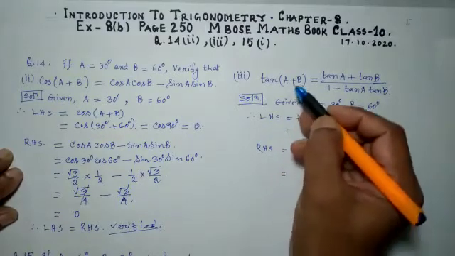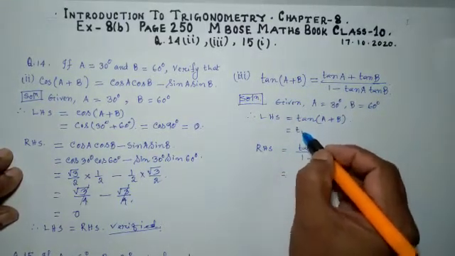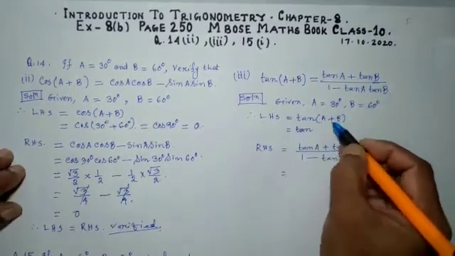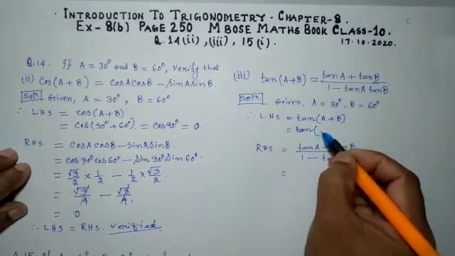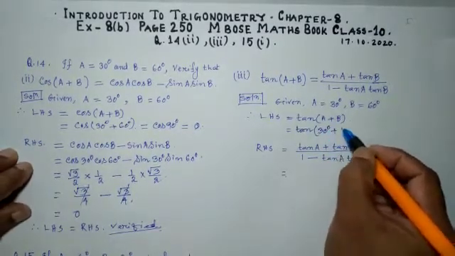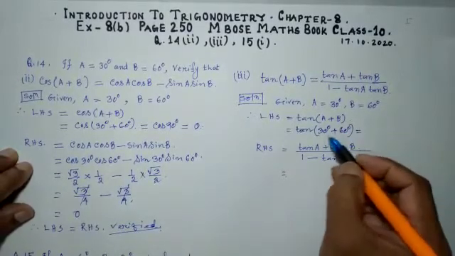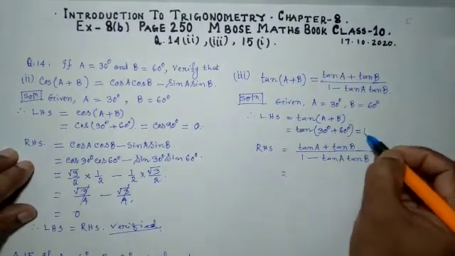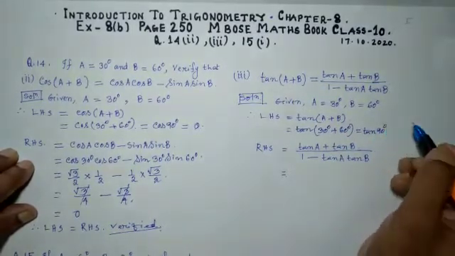Then left hand side we take tan of A plus B. Then here our first work is what? Writing the values of A and B. So right here A is 30 degree, then plus B is what? 60 degree. And next work is to add this 30 and 60. It will be what? tan 90 degree, 30 plus 60.